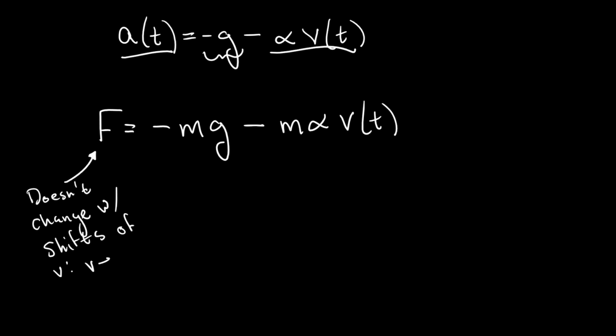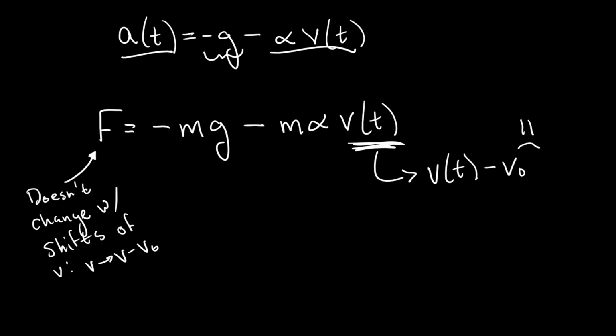So I can take v to v minus v naught, and the left-hand side doesn't change. But look what we have here. We have velocity showing up. So it looks like if I make this change, I'm going to get something like v of t minus v naught, and the right-hand side is no longer invariant under our symmetry, which makes us very sad, because it seems like we're getting a contradiction.